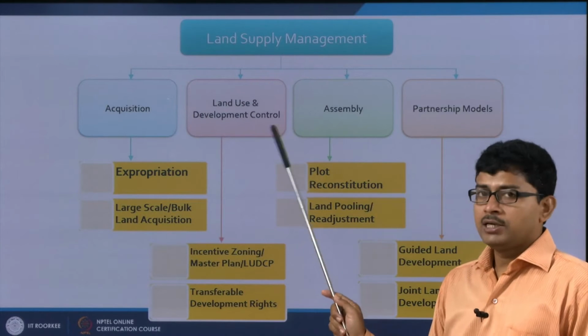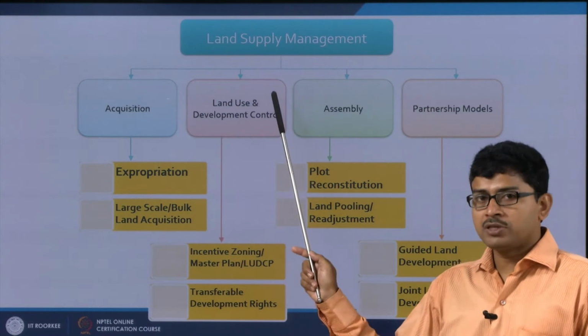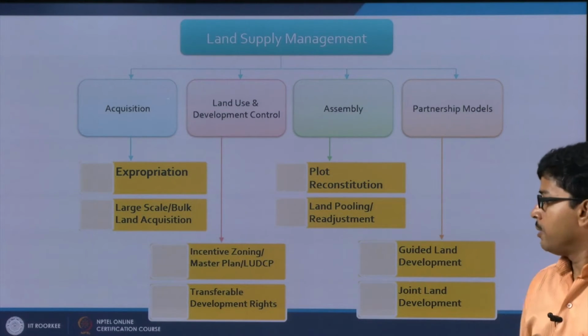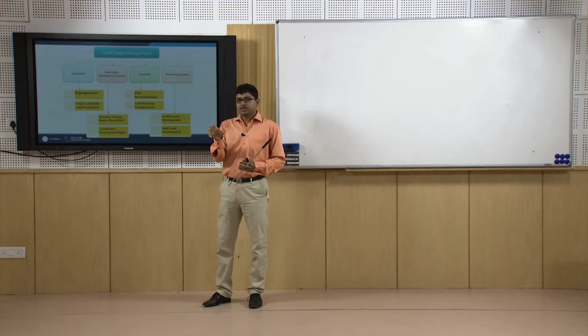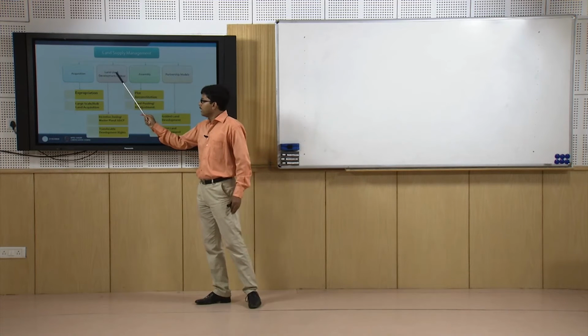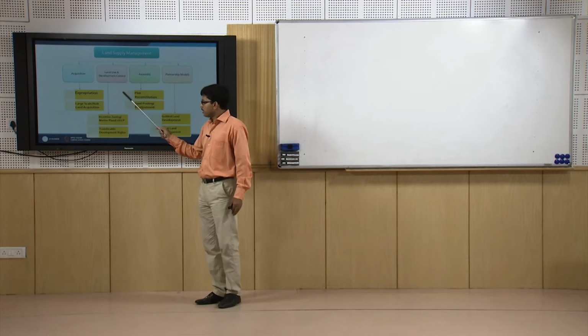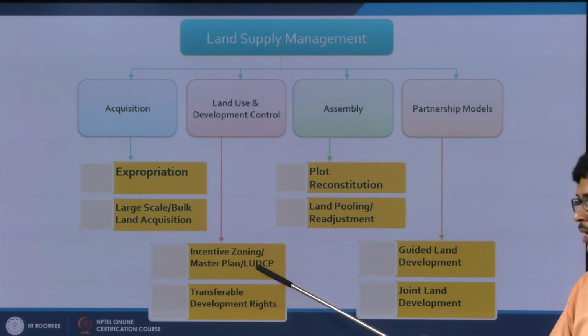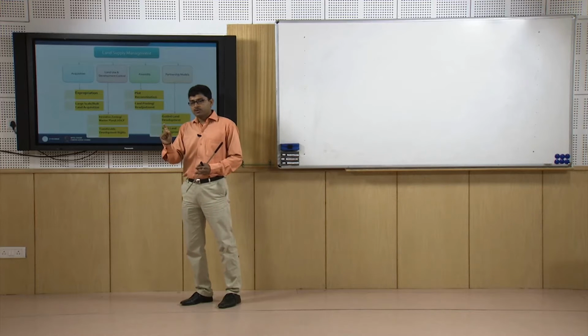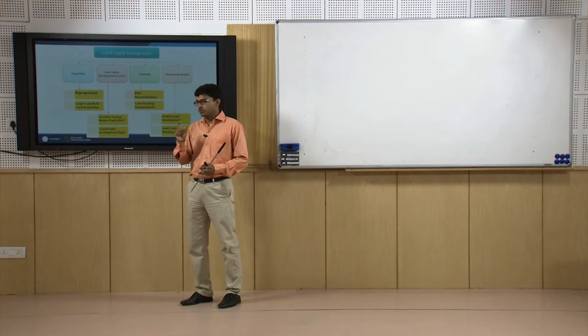So, in this approach they do not acquire the land, but they make a prescription of land use and control for the building. Sometimes it is called master plan, sometimes it is called land use and development control plan, where they assign the specific land use and specific buildability, specific controls.